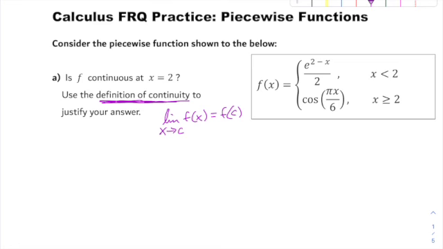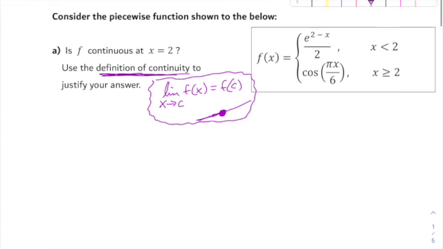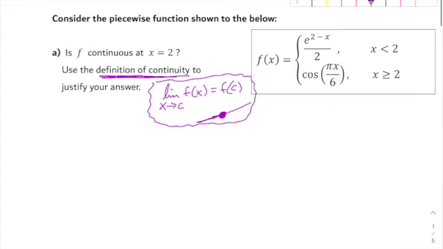So the visual of this is making sure the limit exists, which means the limit from the left equals the limit from the right. It can have a hole, but that wouldn't be continuous, so we make sure it has a y value at that point and that y value is the same as the limit. So they're all going to the same place. That's essentially it. It's just taking a concept and making it a little fancier, being a little formal. So let's just do this.